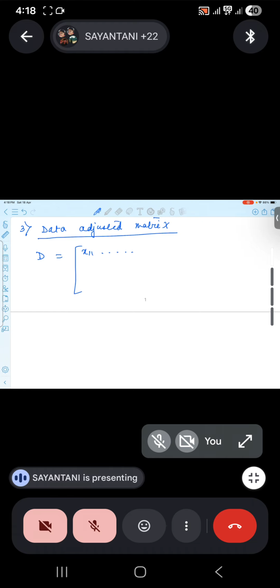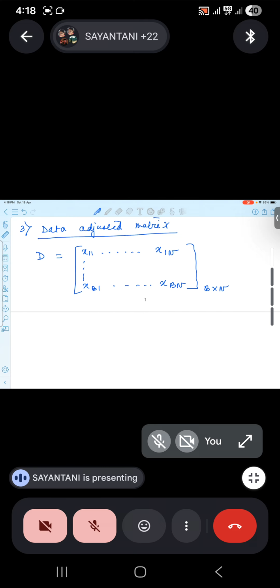So starting from x11, x12 to x1n. So you have b number of features. So it will end at xbn. And the matrix size is going to be b cross n. Right? So this is your final data adjusted matrix.